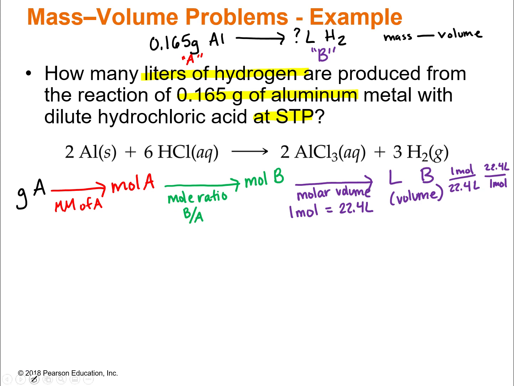Now let's fill in our numbers and the variables. Don't want to fill in the numbers yet. It'll be a little bit too confusing. Too much going on. Starting with grams of aluminum, we're going to get to moles of aluminum.